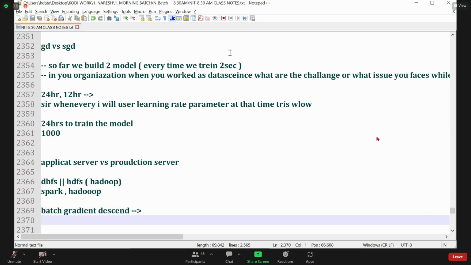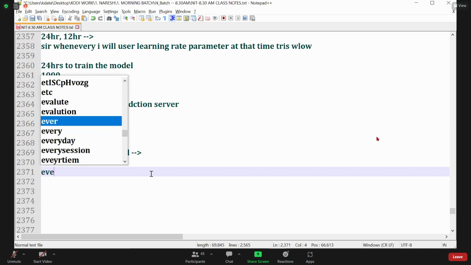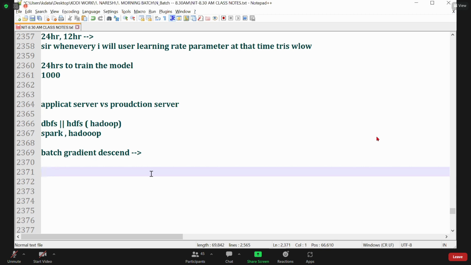So what is gradient descent? Reaching the global minima for one point by a single iteration, meaning using every single record to reach the global minima.